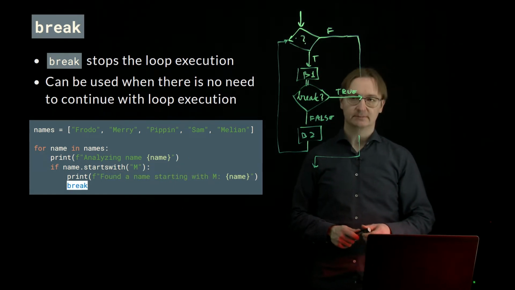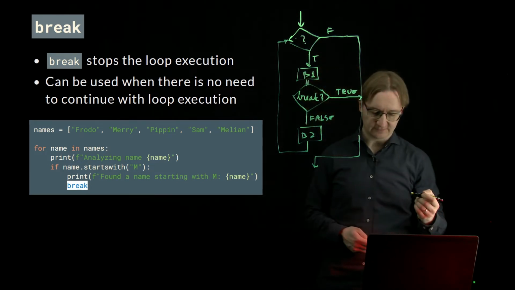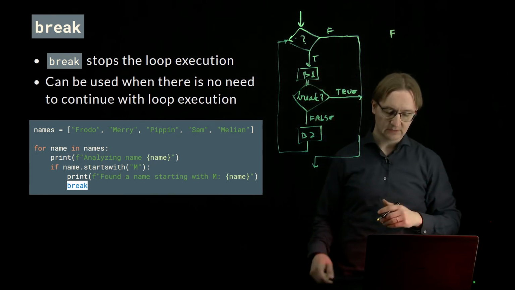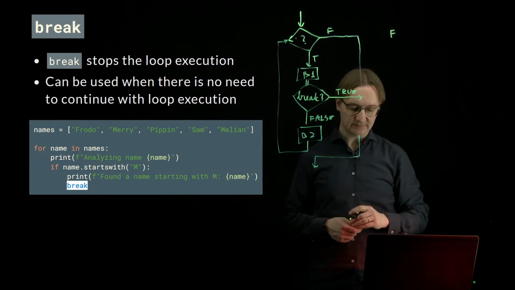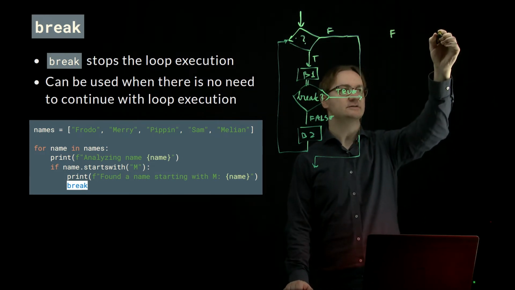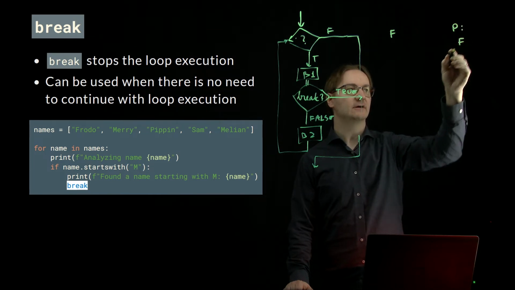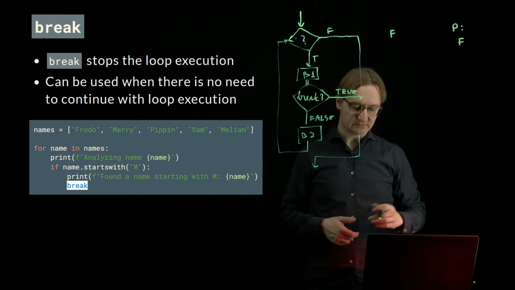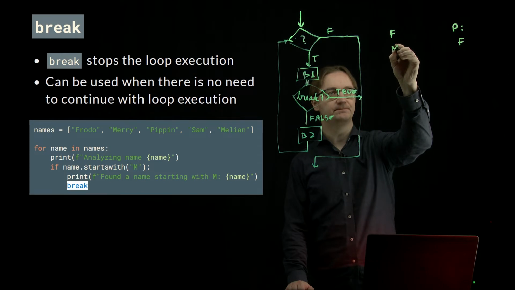So what happens? If we come into this loop, we first have Frodo. So it starts with F. We take this into a variable name, and we print out that we are analyzing Frodo. So this is our printout. But because it doesn't start with M, we ignore this if sentence, and we take the second one, Mary.